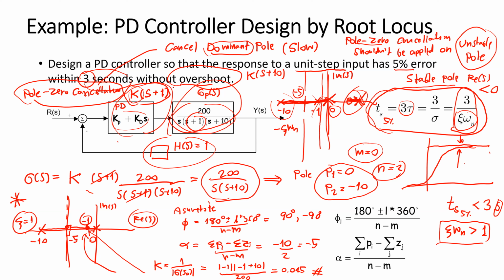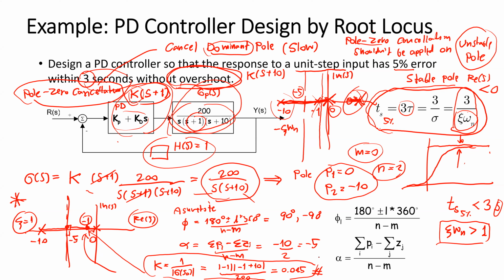In this case, it's not difficult. We have only two real poles on 0 and -10. We find the asymptote and we can approximate the breakaway point, and we obtain the gain value by this magnitude.